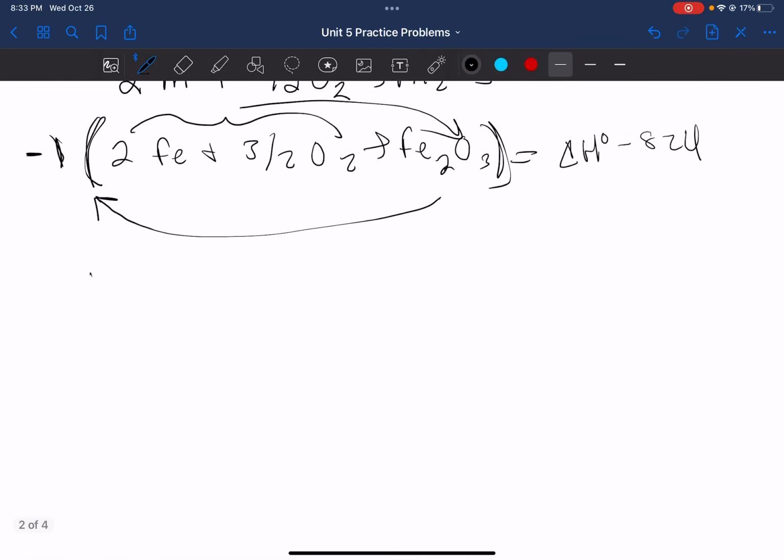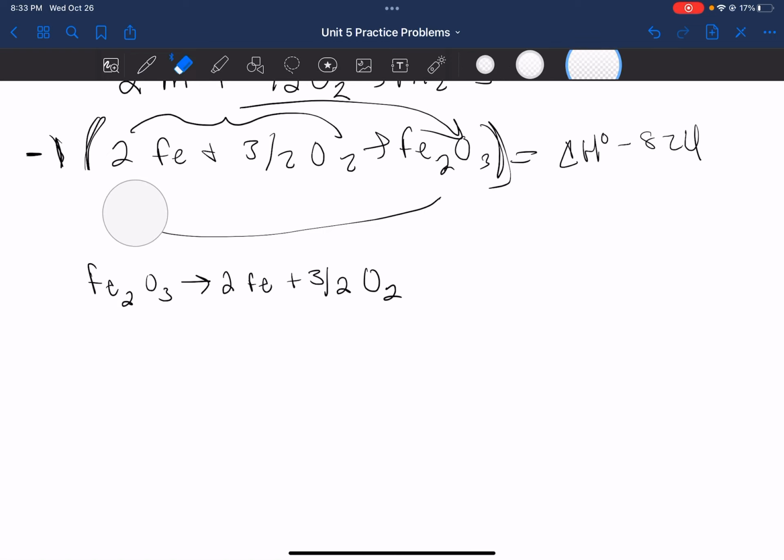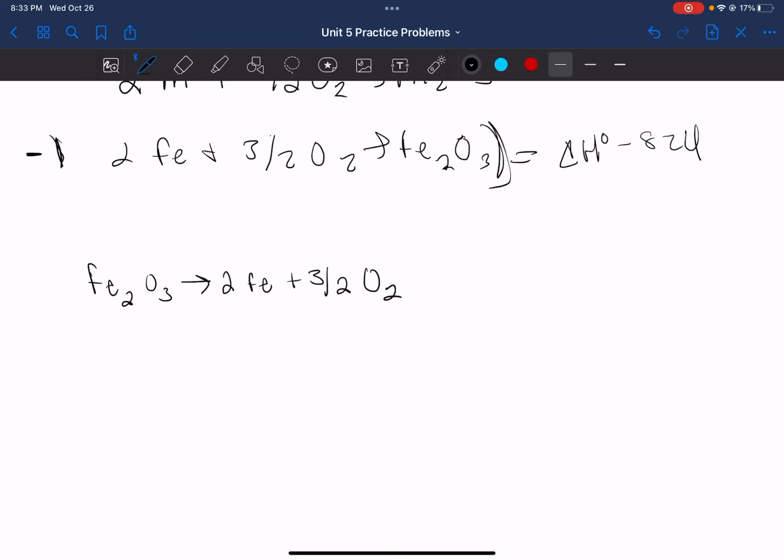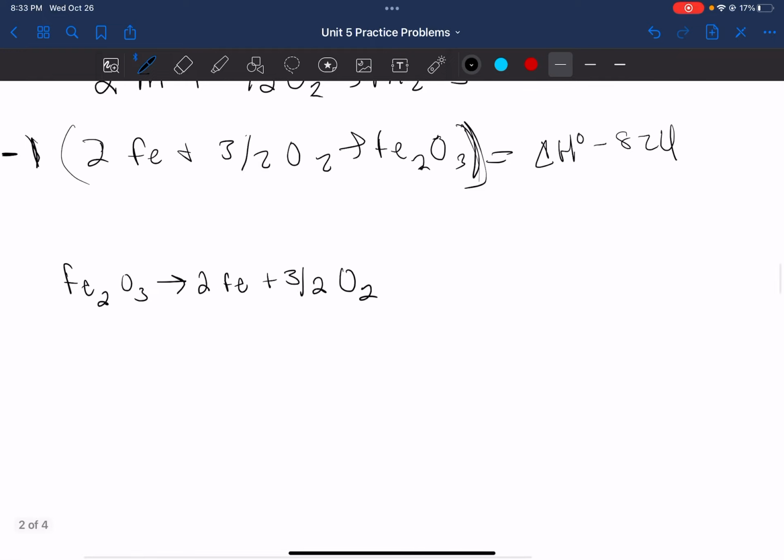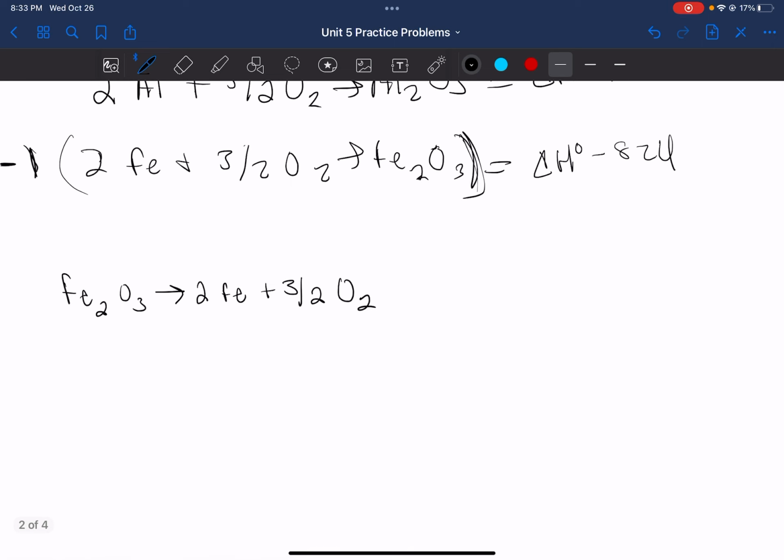So we would change it to Fe2O3 makes 2Fe plus 3 over 2 O2. Okay. Now, what we do to our reaction here is the same as what we do for the delta value over here.